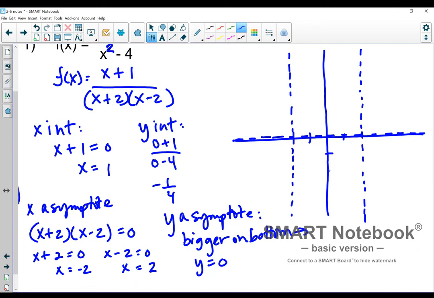Then I'm going to make a little bit of a scale. All right, so now let's actually graph our function. My y-intercept is -1/4. And my x-intercept is, oops, if it's x plus 1 equals 0, it should be -1, shouldn't it? So we'll go ahead and fix that, -1.